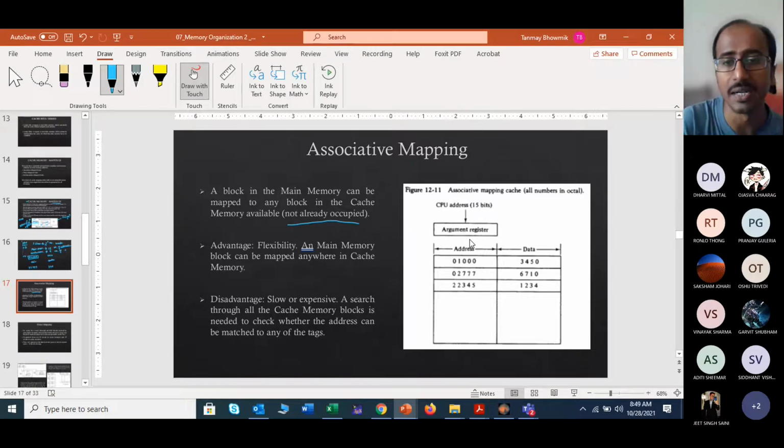Similar thing here: the CPU address you need to store in your register, so you are using an argument register. The 15-bit argument register holds that 15-bit data, and that data is mapped here. Once it finds a match, it will store the data, and once it does not find any match, it will not store any data.